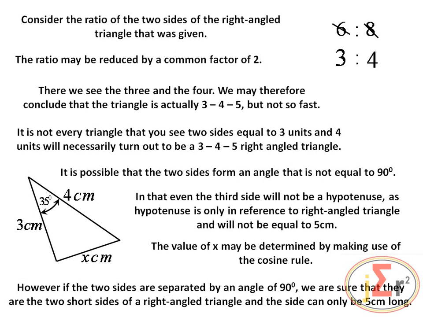But if the two sides are the two short sides of a right-angled triangle, then we are sure that the other side will be 5 centimeters long, completing the ratio.